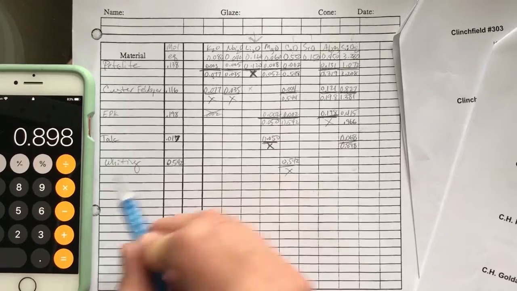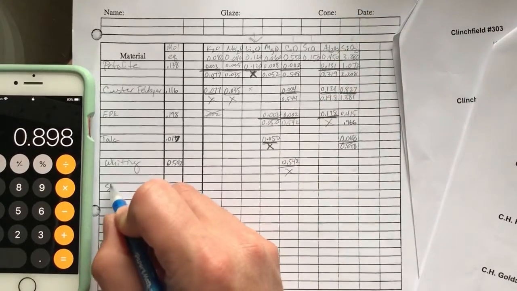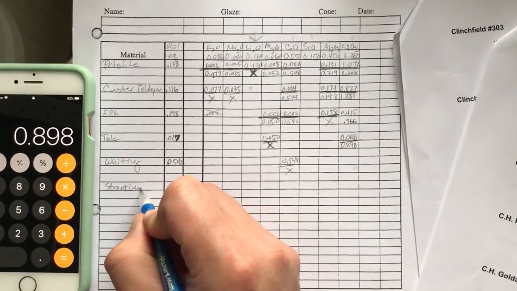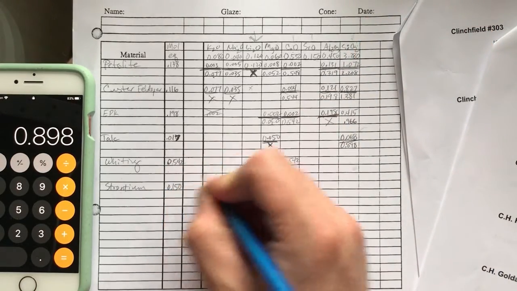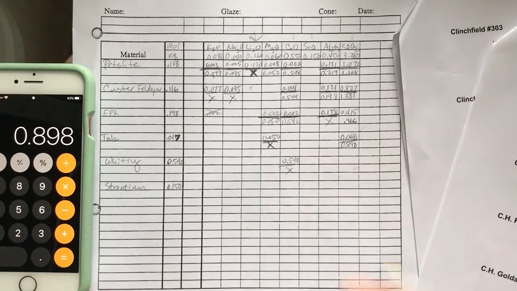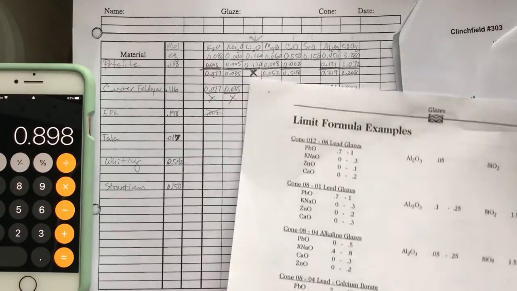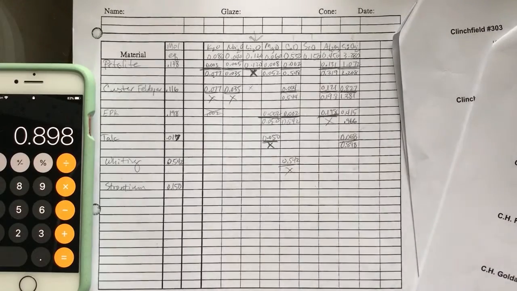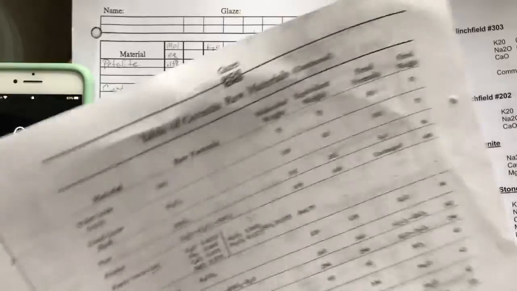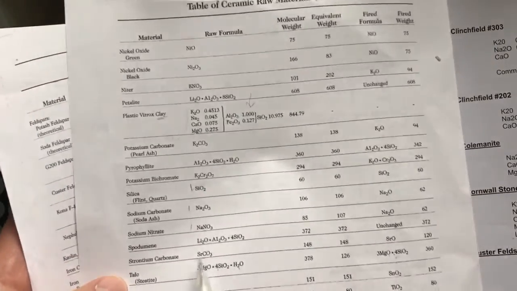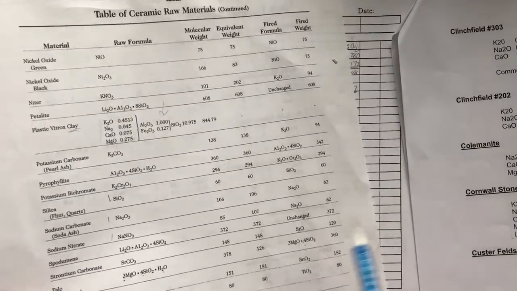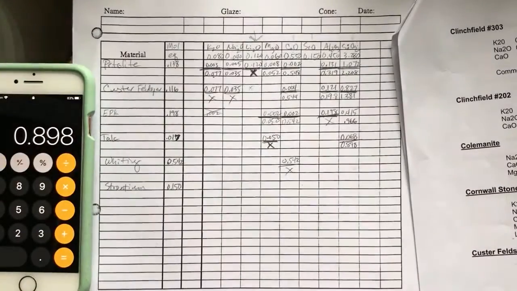Okay, the next one we need to do is strontium, and we need 0.150. Which page are you on, strontium? Strontium carbonate. It's just one SrO.